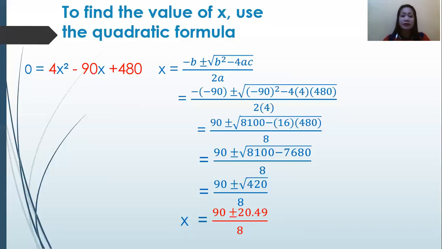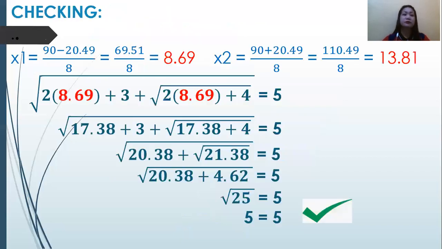So in this equivalent value of x, we can find the two values of x when we use the addition and subtraction. Okay, let's start our checking. When we use the subtraction for the first value of x, we have 90 minus 20.49 over 8, which is 69.51 over 8, so it is equal to 8.69.